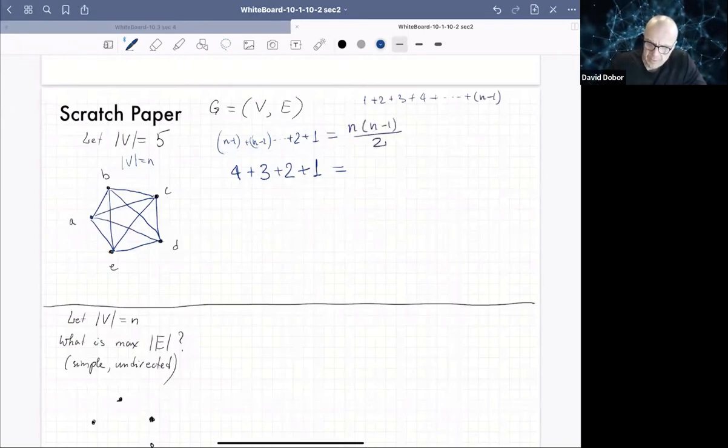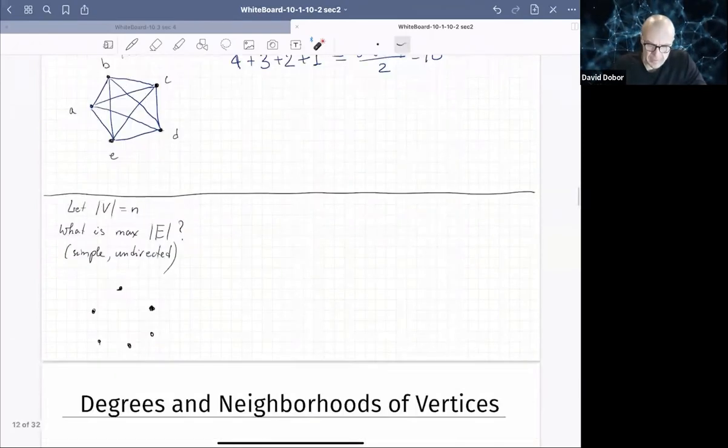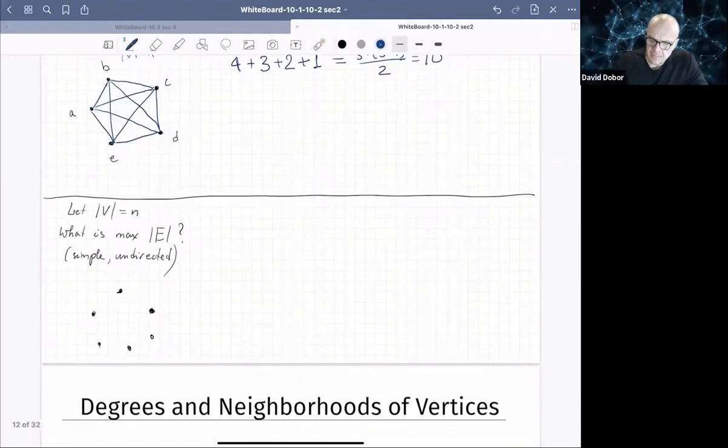It's going to be this. You proved this by induction already. So for example, here, 4 plus 3 plus 2 plus 1, that's going to be 10, otherwise known as 5 times 4 divided by 2. And if you count the number of edges here, it is 10. And this works if n were 6. So for example, in 6, let's account for every edge.